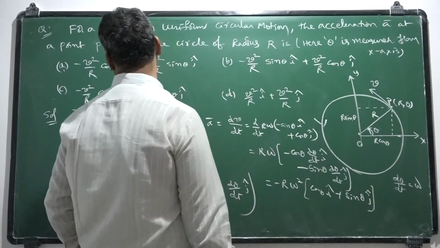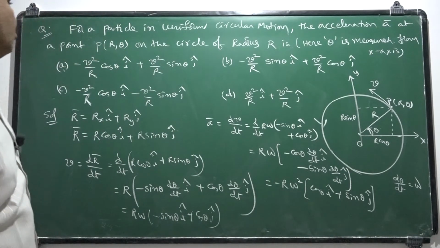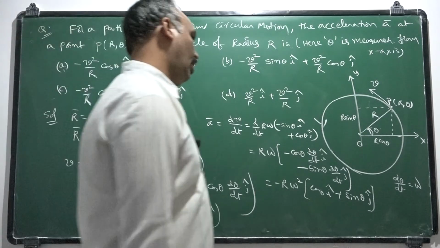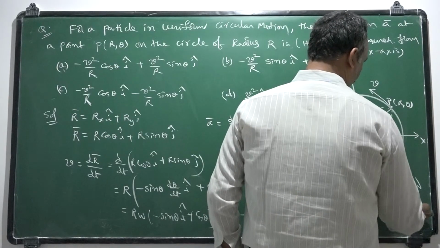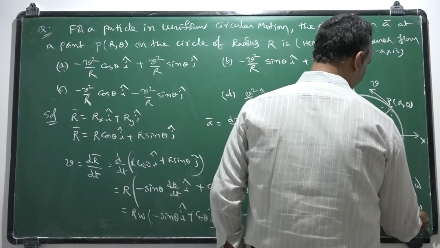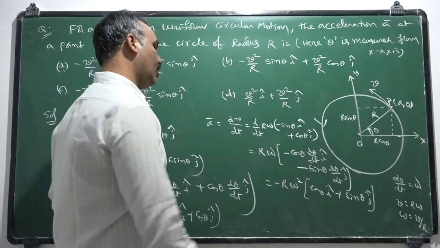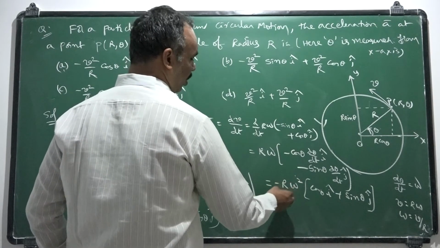For my convenience, I will write the v is equal to r omega relationship here. So omega can be replaced with v by r. Whenever omega is there, it will be replaced with v by r. So v square by r square, one r will go.